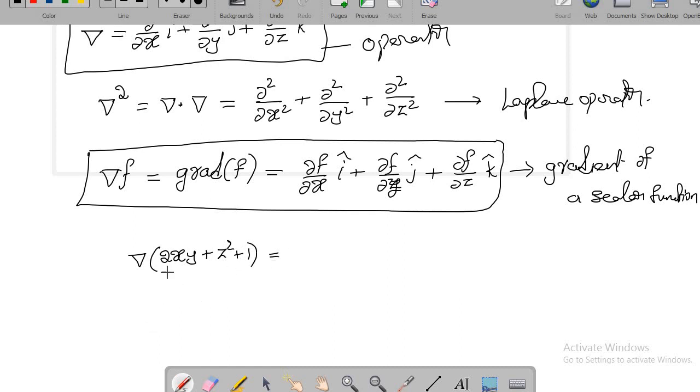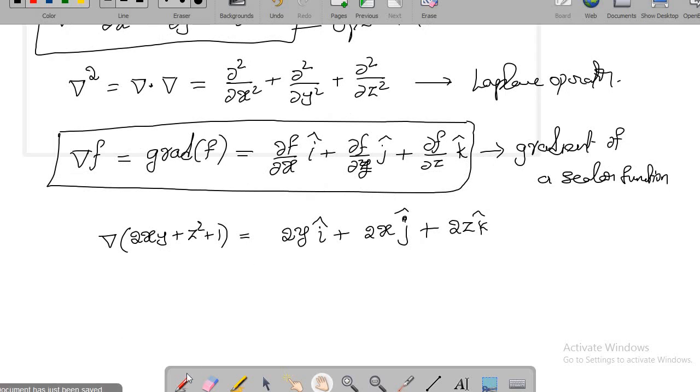So first you differentiate this with respect to x. The result is 2y times i. Next differentiate it with respect to y, which is 2x times j. Next you differentiate this with respect to z, which is 2z times k. So this is the gradient of this function. Let us look at one more example. Let's say del acting on 2xy plus xz plus yz.